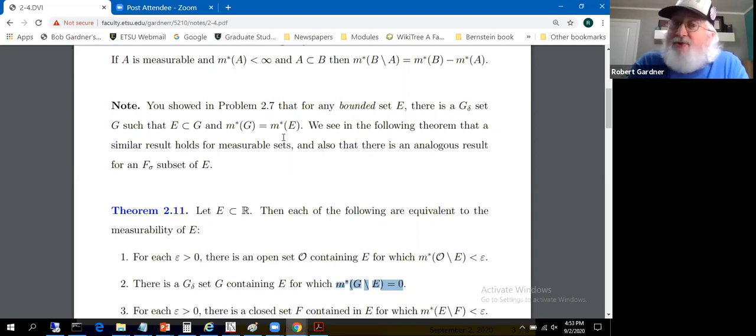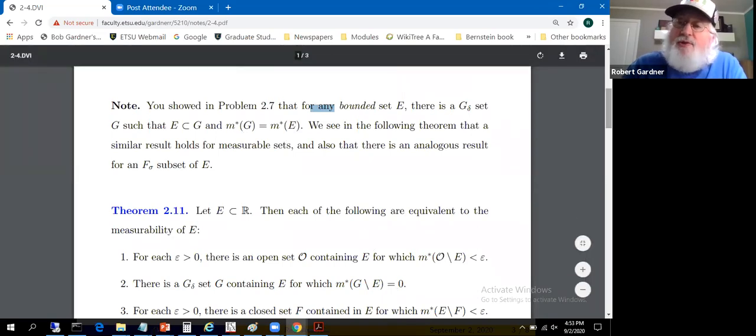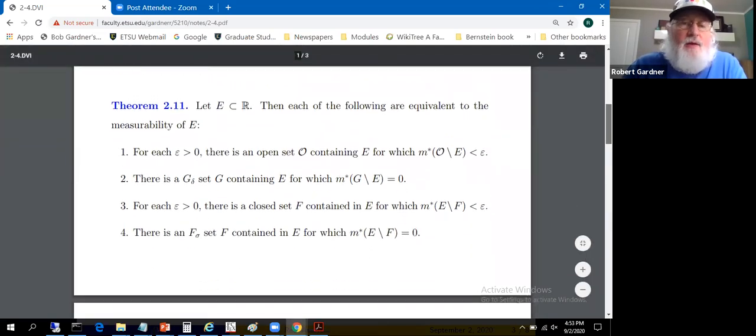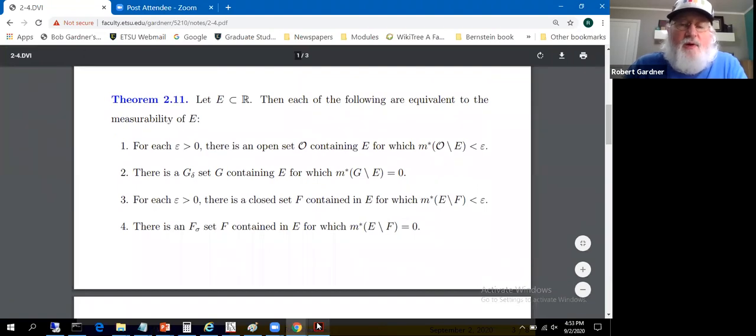That requires measurability. And up here, you're picking a set, you're making it bounded. So that may not apply to this particular result. We may not get the outer measure of the difference to be 0 up here, because you're dealing with non-measurable sets. In fact, this condition implies measurability of set E. So let's go through a proof of that.